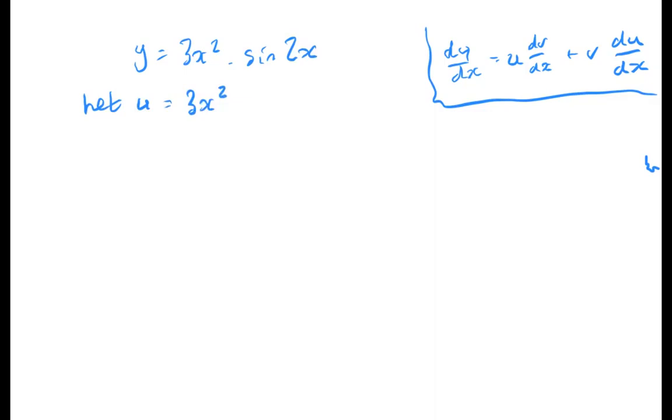And then we differentiate that. So du by dx is equal to, and we differentiate that, remember, by bringing the 2 down. So that's 2 times 3 is 6, and we take 1 off the index. So it becomes 6x.